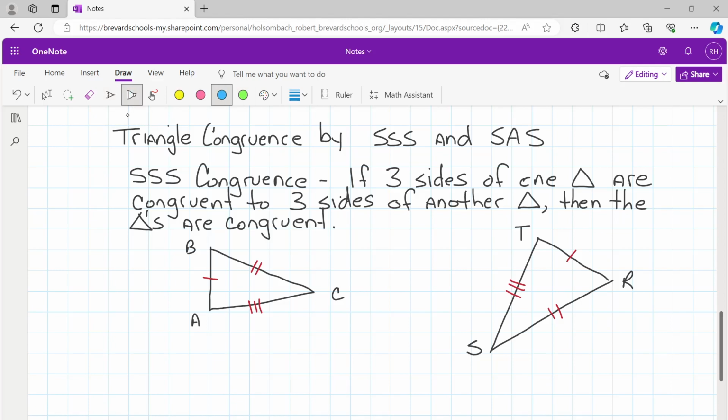If you were asked to write a congruent statement, again, you could label the first triangle any way you like. We could call it triangle ABC is congruent to triangle.